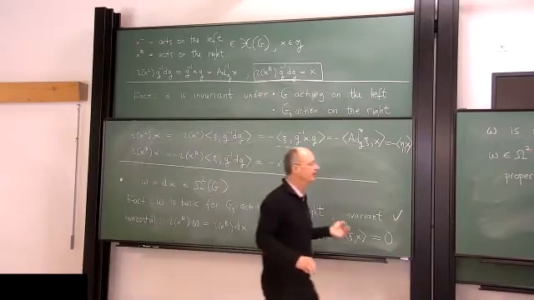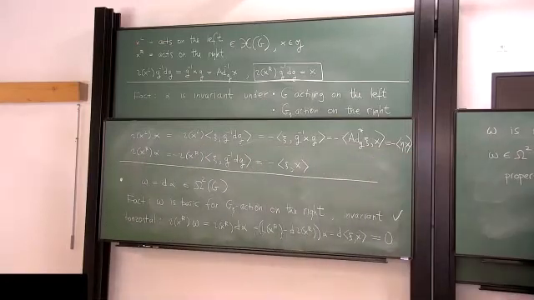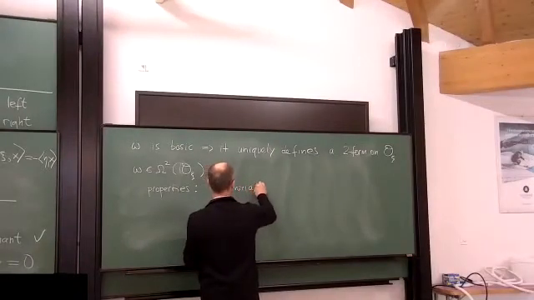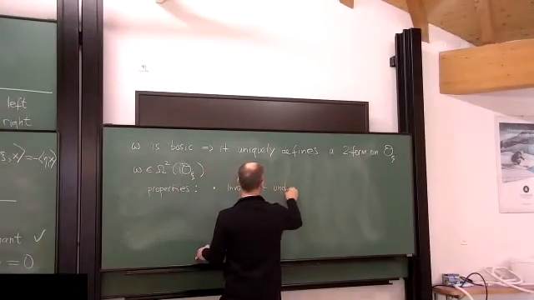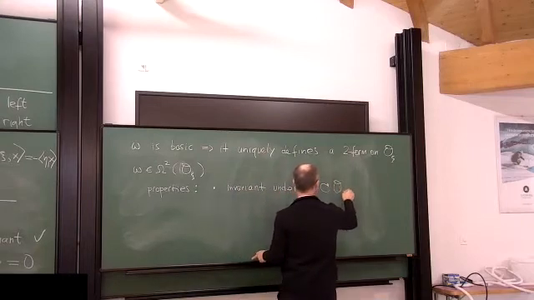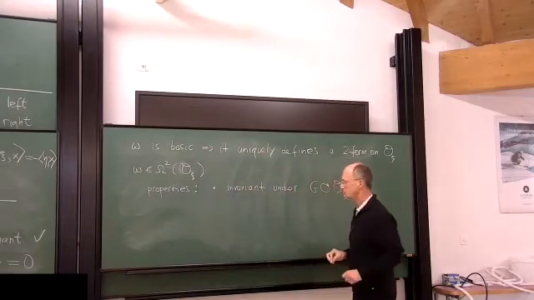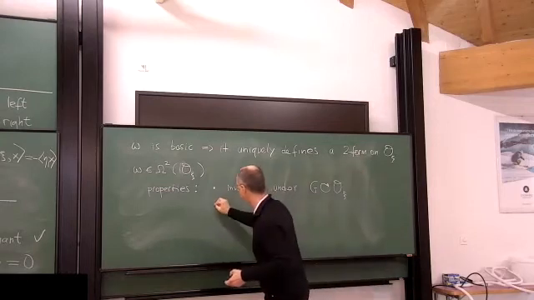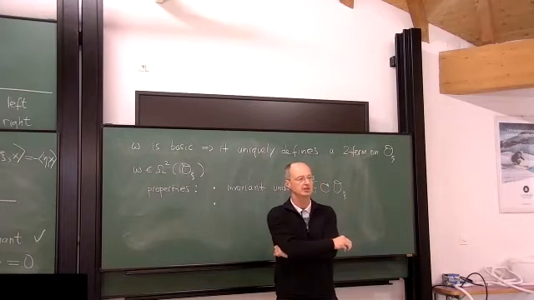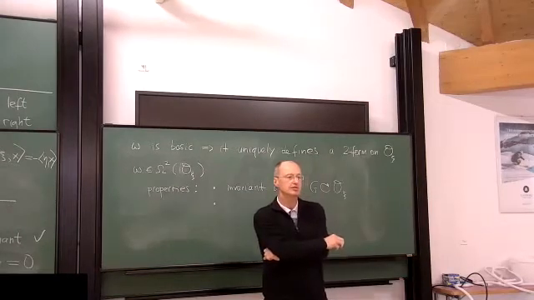So the resulting form is by construction invariant under the G action on the orbit. So this comes for free. Now omega before descent was not only closed, it was even exact.